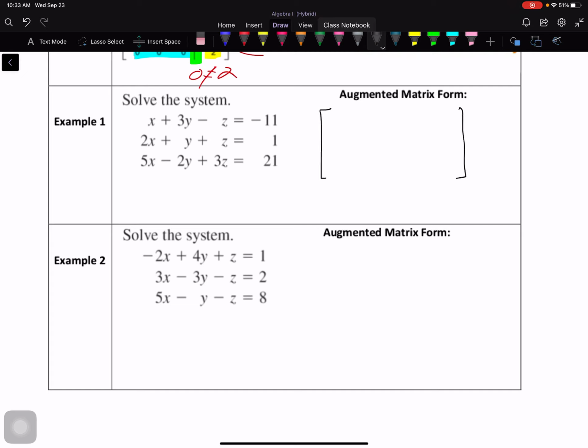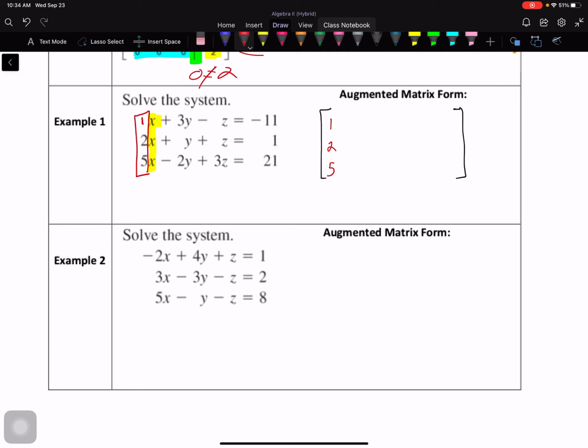It's going to end up being a 3 by 4, and here's how we're going to do it. We're going to start by taking the coefficients of all the x's, so make sure that everything's lined up here. So the x terms are right there. So the coefficients are, there's technically a 1 there, so we have 1, 2, 5.